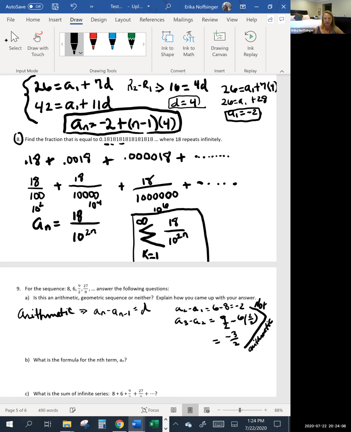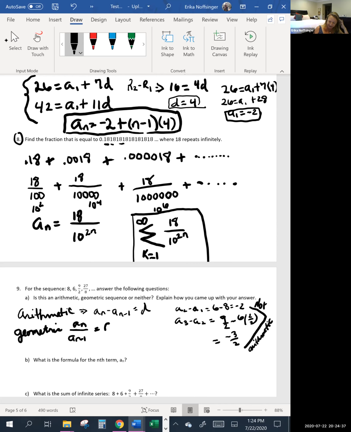Okay, so now let's look at the definition of being a geometric sequence. In order to be a geometric sequence, if we took a term a sub n and divided it by the term right before it, we're always going to get the same constant r, called the common ratio. We can do the exact same thing that we were doing up here with arithmetic, except with division.